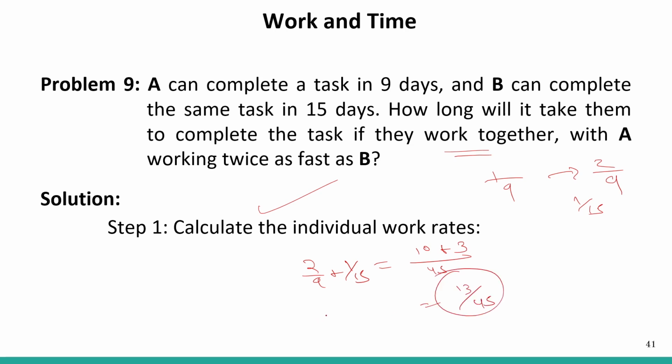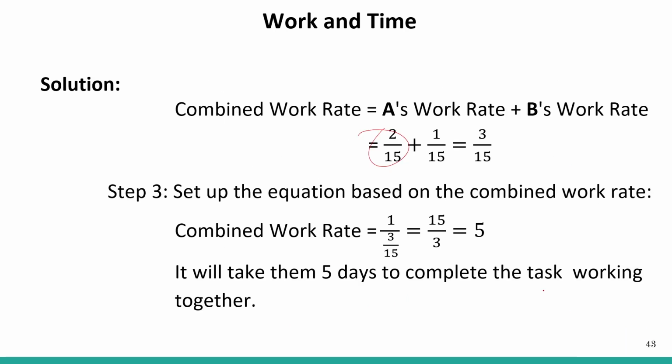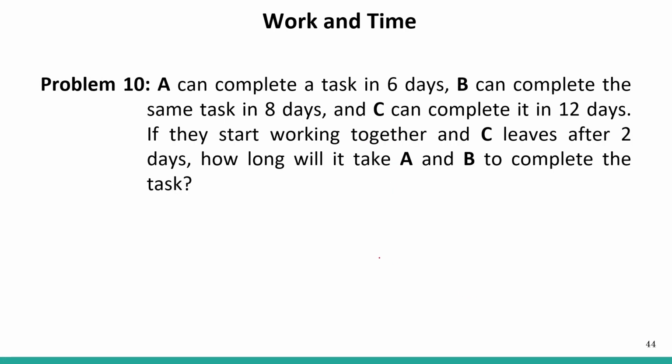Okay, so the amount of work is what? So the time taken is equal to number of tasks by rate, that is equal to 1 by 13 by 45. So this becomes 45 by 13. So this will take approximately 3.3 or 3.5 days. Okay, this much amount of time it will take, as you can see here.